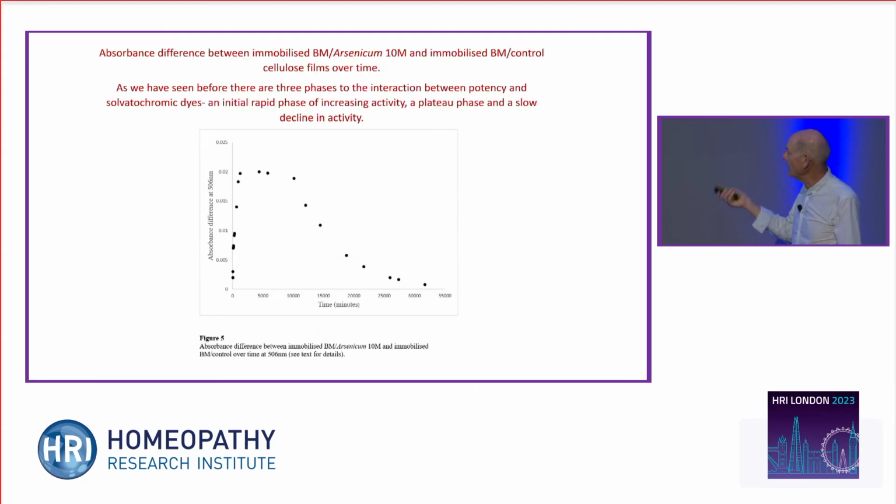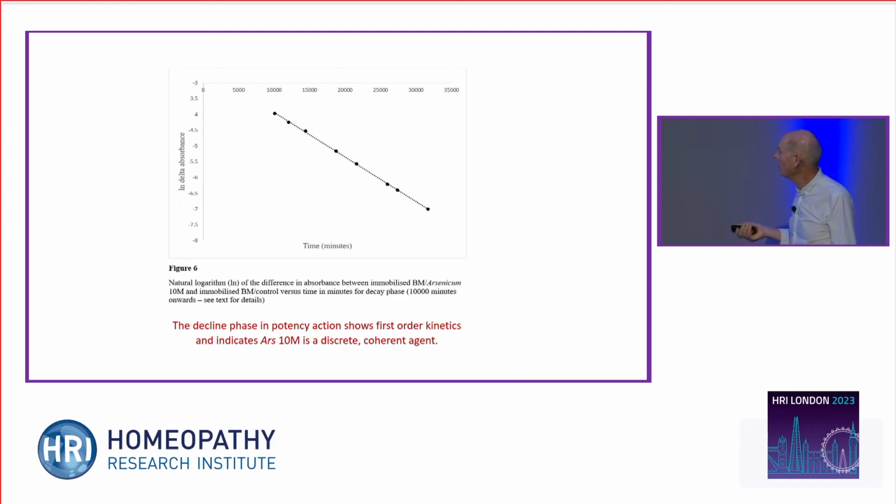That slow decline looks familiar if you're a chemist. It looks like a first-order rate process. In fact, if you plot out the natural log of the difference in absorbance between immobilized arsenicum, Brucher's merocyanin, and the control, you get a straight line. Now, the other very common first-order decay in nature is radioactive decay, and I'm not suggesting that there's a comparison between radioactive decay and what's happening here, but first-order rate constants are quite common in nature.